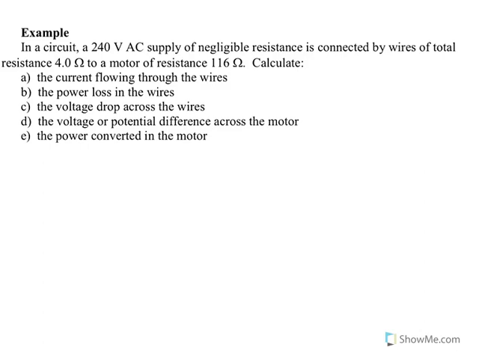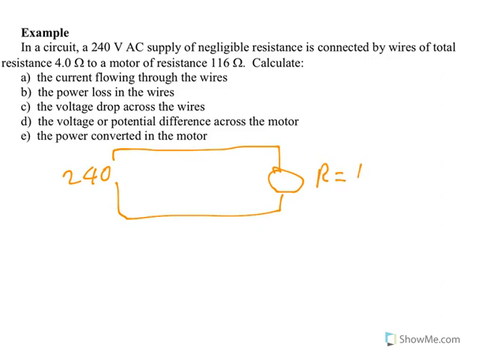Okay, so we've got a 240 volt AC power supply of negligible resistance connected by wires of total resistance 4 ohms to a motor. So here's our 240, and here's our motor. Our motor has a resistance of 116 ohms, and our wires have a resistance total of 4. Part A: the current flowing through the wires.